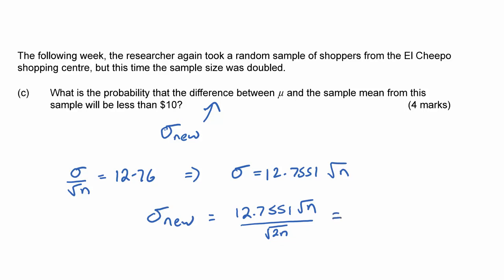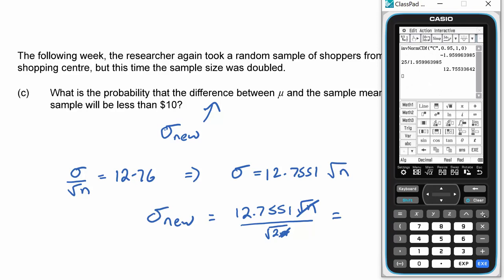We've got double the number. And so basically the ends cancel here, and you're just doing that divided by root 2. So my last answer divided by root 2 gives me 9.019, and so on.